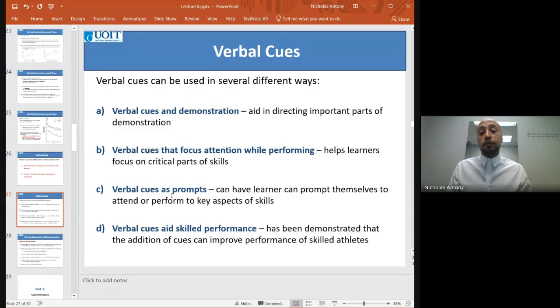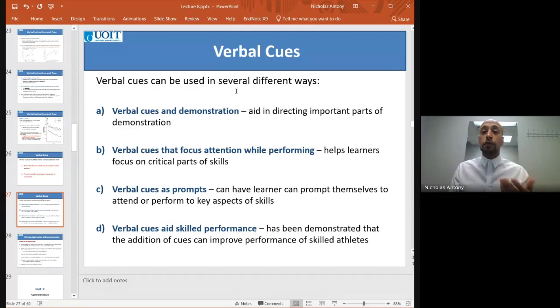So verbal cues in research and in different experiences have been added to demonstrations to direct attention. Let's say you have someone demonstrating something, you can add verbal cues so that they know what to focus in on. Because if you do a full body demonstration, there's a lot of moving parts. Potentially the beginner is like, well, what's the most important part of the moving body?